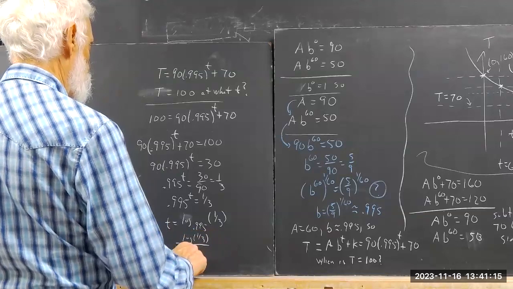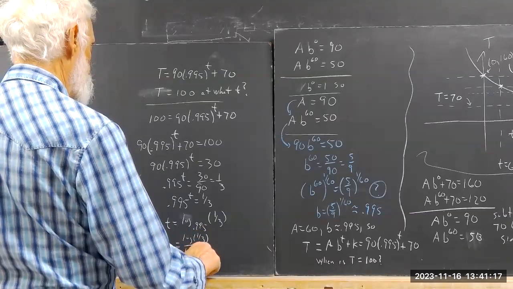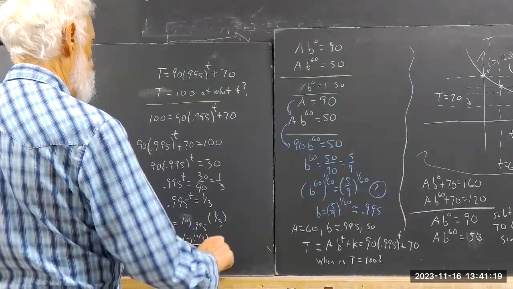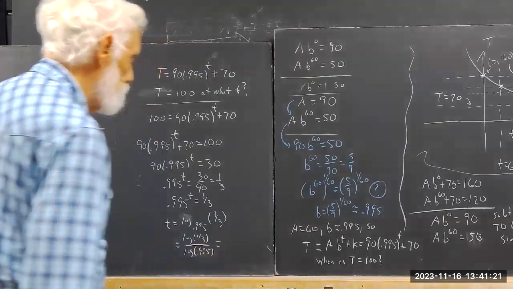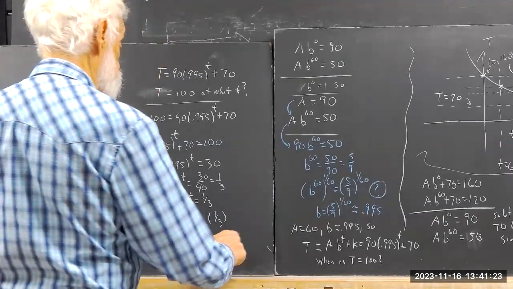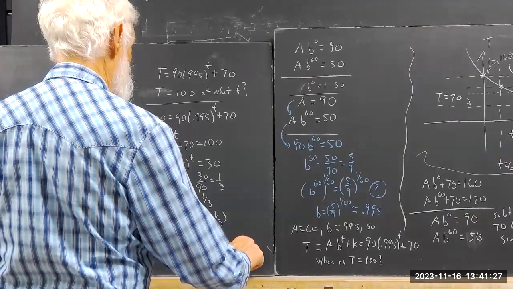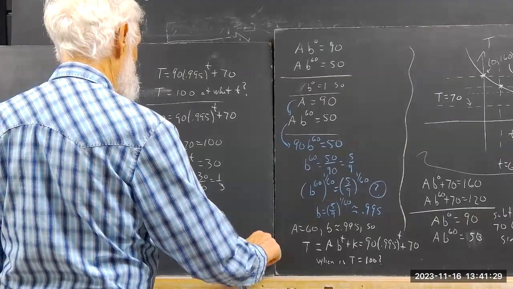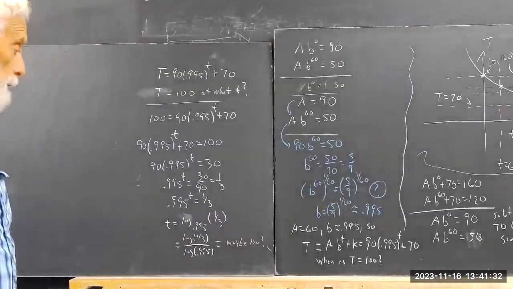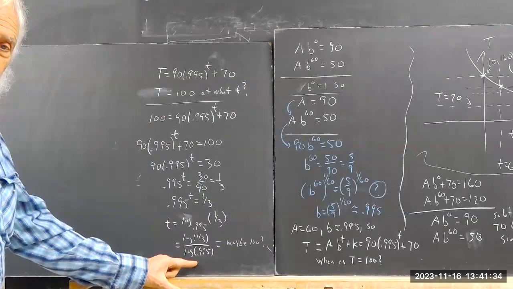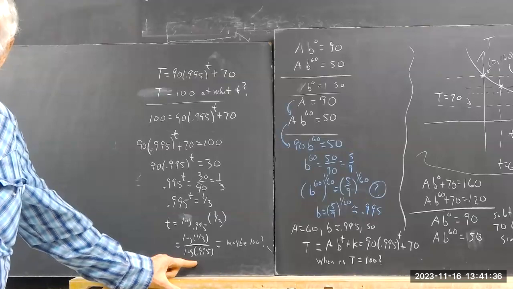Log of 1/3 over the log of 0.995. And equals maybe 100, probably not, because 0.995 isn't all that accurate. Okay.